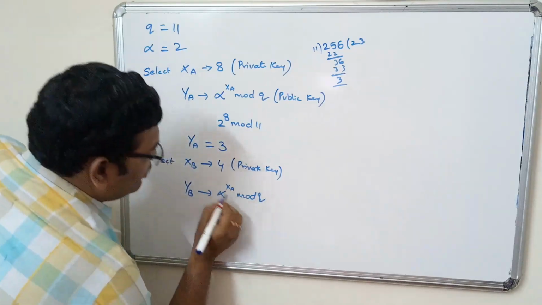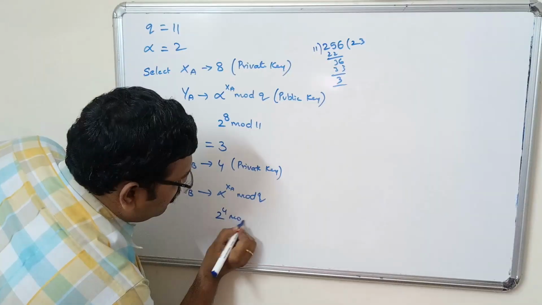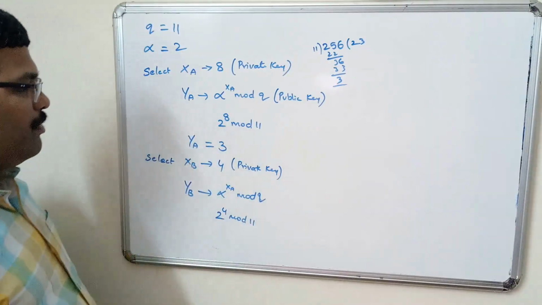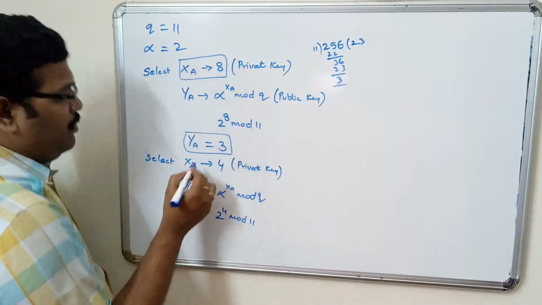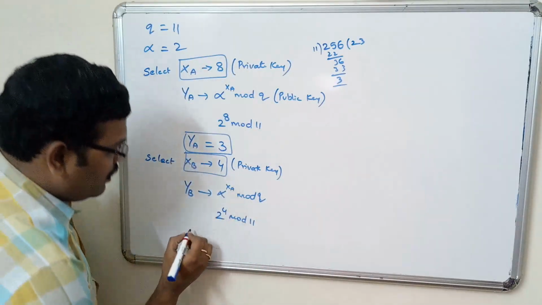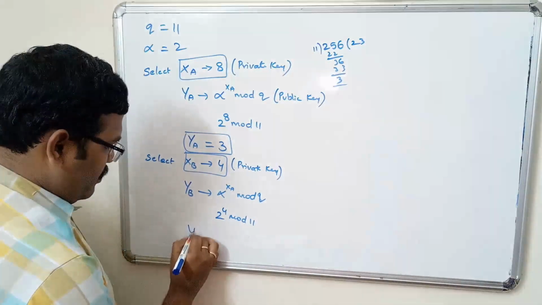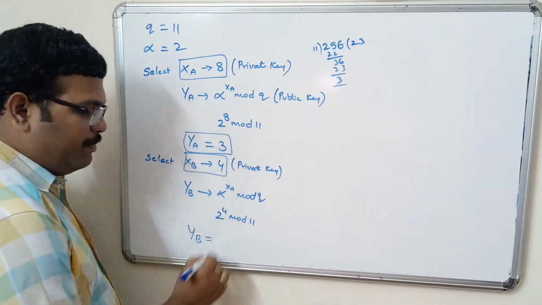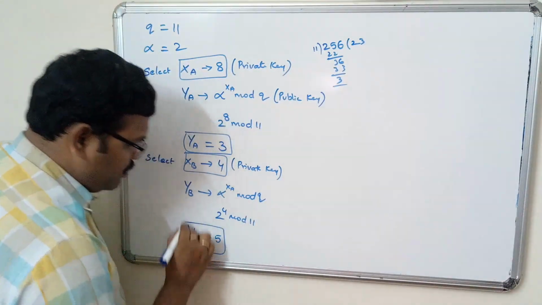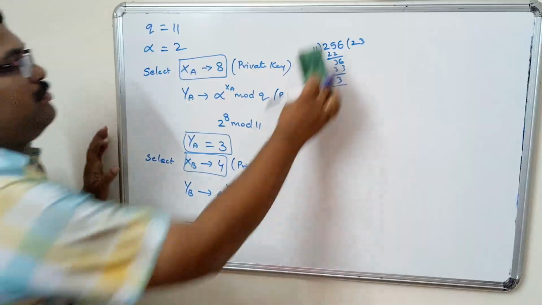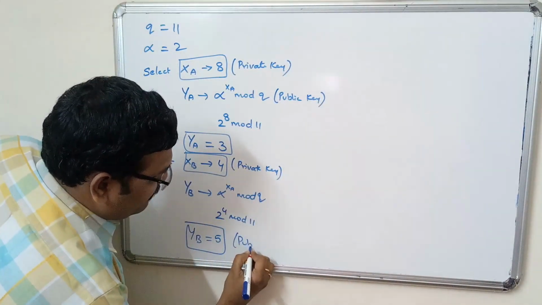Alpha here is 2, so 2 power 4 mod 11. 2 power 4 means 16, and 16 mod 11 means YB is equal to 5, which is the public key.